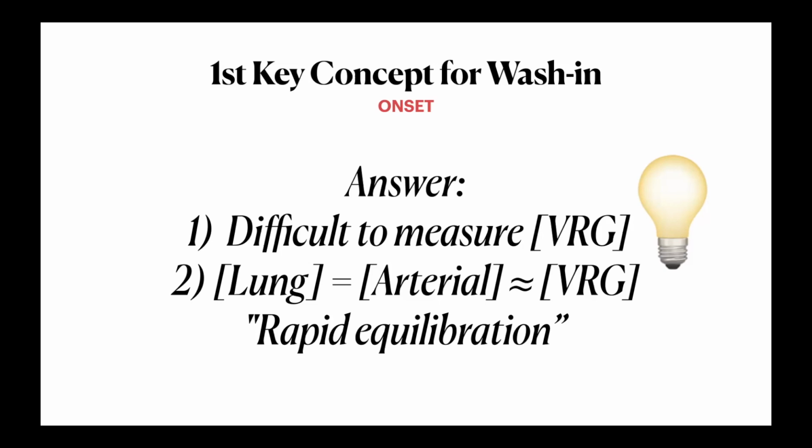But if it's early in the piece, so in the first 5-10 minutes, it's not going to be completely representative because it's still moving along in terms of going from lung. It's still being transferred from lung to your vessel rich group. So that's a really important idea for you guys to understand.